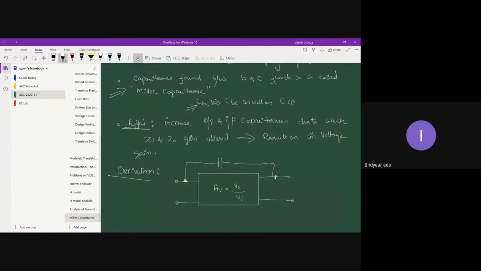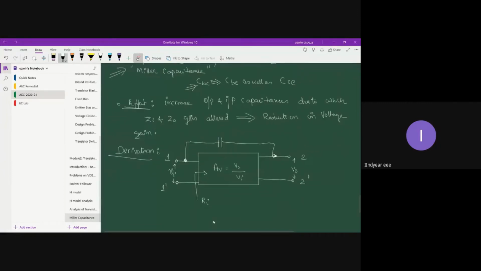So this is your input terminal and this is your output terminal, 1 dash, 2 dash. So this is your output V0 and this is your input Vi. Let us define Ri as the input resistance of the black box, and Zi as the overall input impedance of the device.